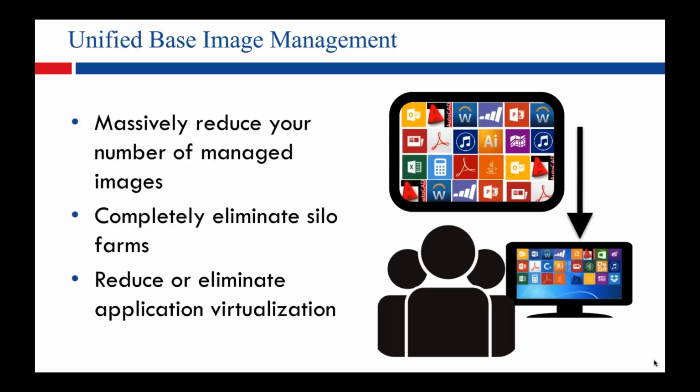So with our technology, and I'll show you how it works here in a minute, we're able to reduce the number of images. So let's use Office for an example. I have one silo for Office 2010, one silo for Office 2013, and one silo for Office 365/2016. Well, if I was able to put all those applications on the same silo, coexisting, I would be able to reduce the amount of silos I have by 2/3, right?